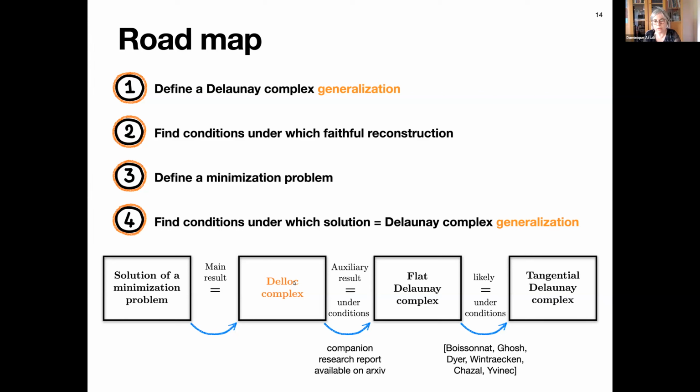But this Delloc complex is actually very close and may coincide under the right condition with the tangential Delaunay complex that has been studied by Boissonnat, Gauche, Dyer, Wintreichen, and a long list of authors. But since for us this Delloc property is what is important, I'm going to introduce this Delloc complex in this talk.